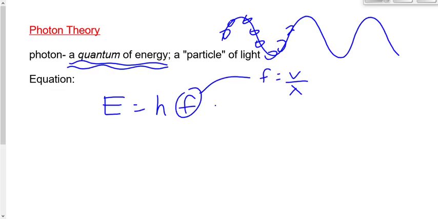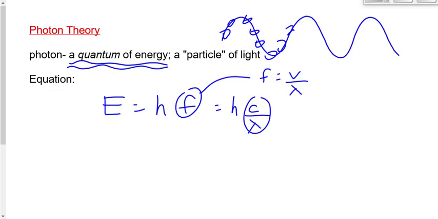We could replace that and say E is equal to h times c over lambda, replacing f with v over lambda or c over lambda. The energy of a single photon of light, the energy of a single particle of light, is hf or hc over lambda. Just like the energy of a pebble, a rock that's being thrown through the air, is 1/2 mv squared, the energy of a photon is hf or hc over lambda.